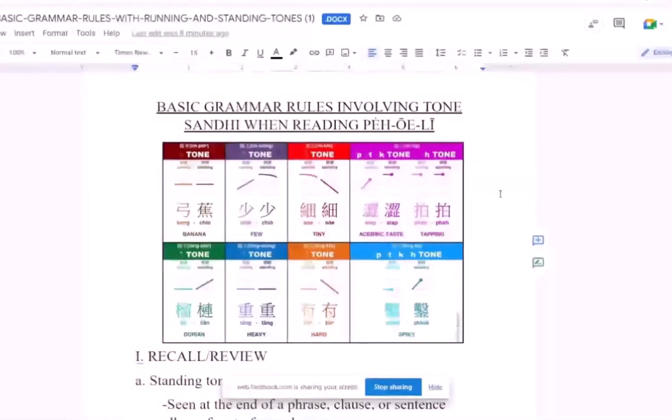But when you are aware of when running and standing tones appear on certain tone categories based on their tone marks, you don't need to ask the native speakers often how to say certain words just so that you can remember it, because once you are able to recognize it based on what tone they belong to, it's easier to remember.